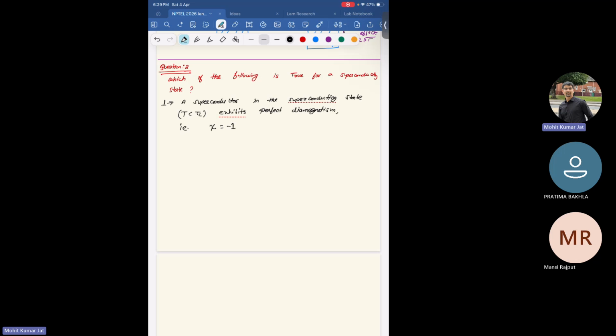For diamagnetic material, the susceptibility is less than 0, and for paramagnetic, it's greater than 0. This is in SI units, of course. That is option 1. The second option is the entropy in a superconducting state is higher than in the normal state.